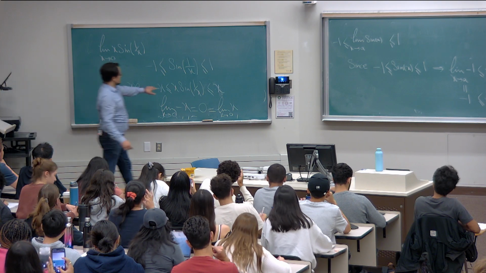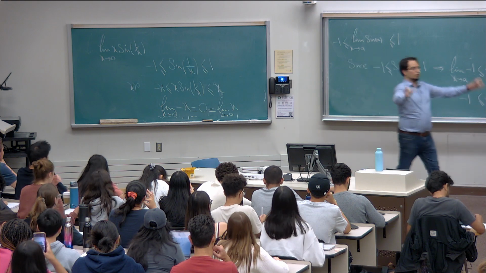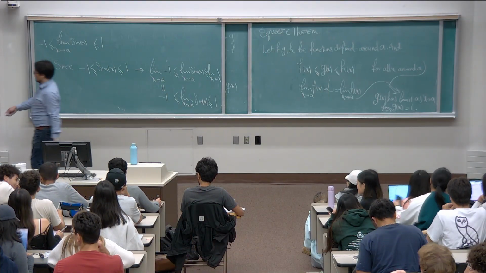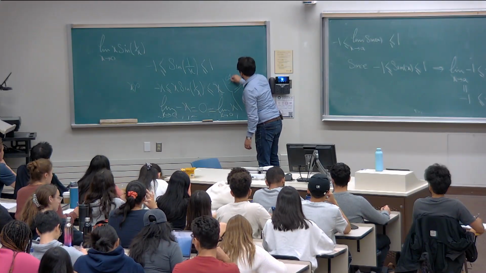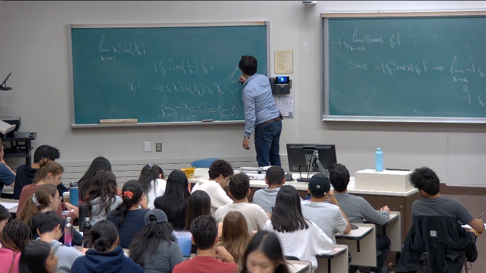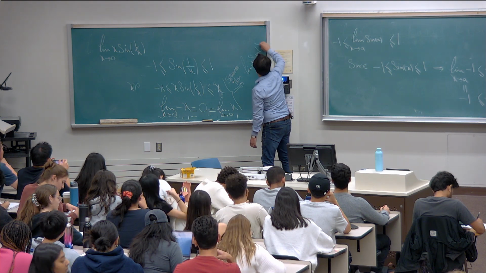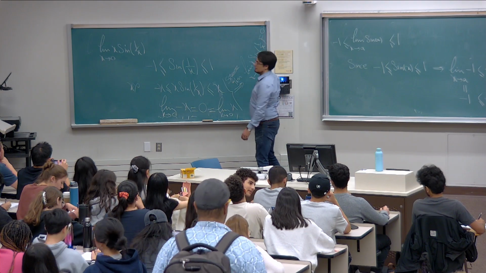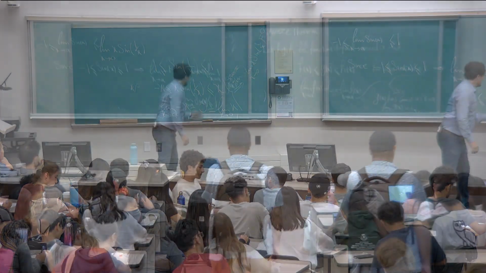So x sine 1 over x is bounded by two other functions. The upper one and lower one have the same limit. Then the squeeze theorem tells me that the middle one should have the same limit as well. And that's the end of the story.